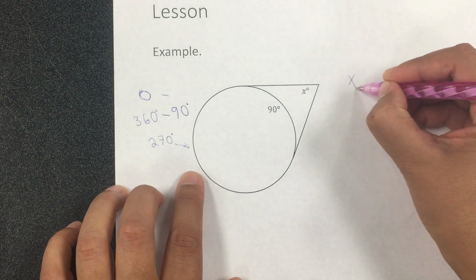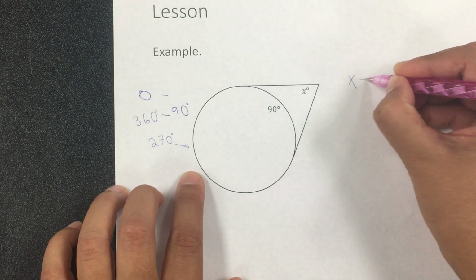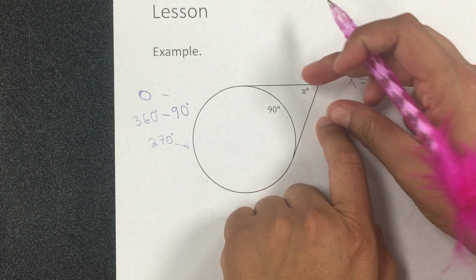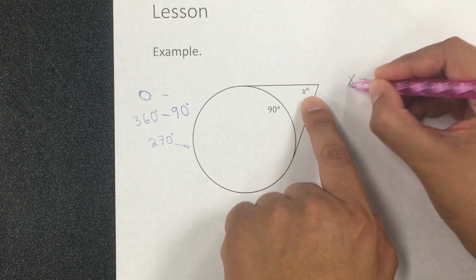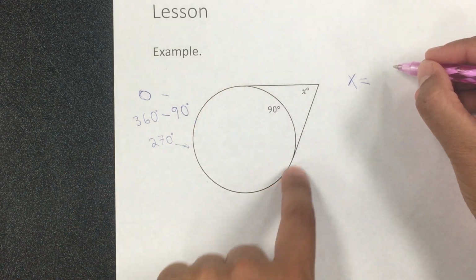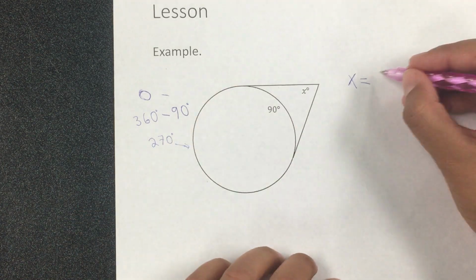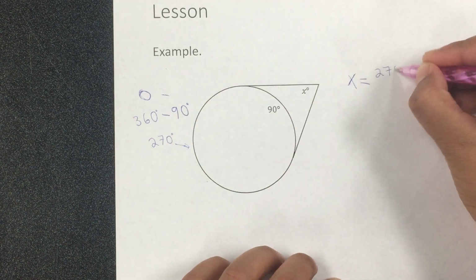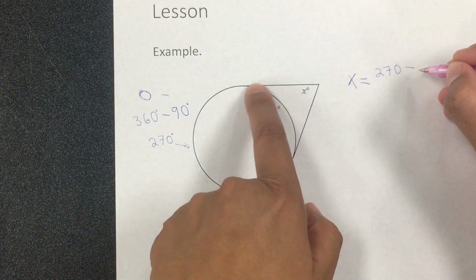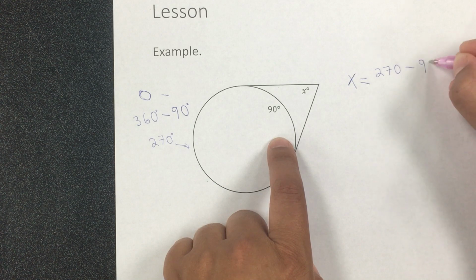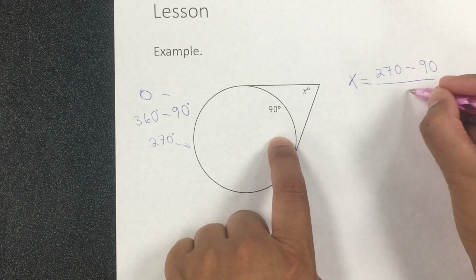So now we can say that x is equal, remember the point is always first and then equal, the bigger arc, which is 270, we just figured it out, minus the smaller arc divided by 2.